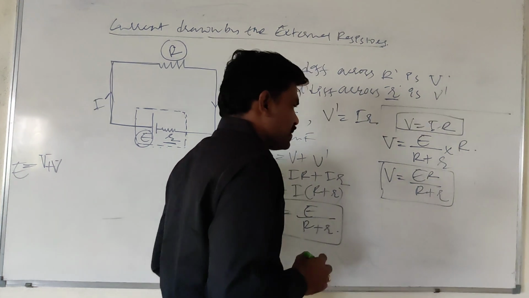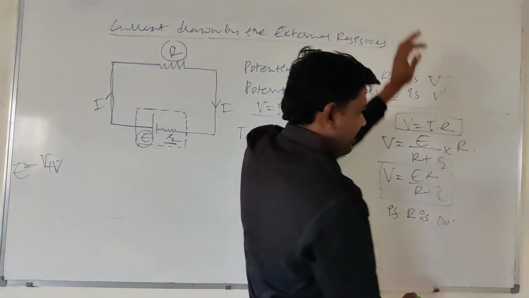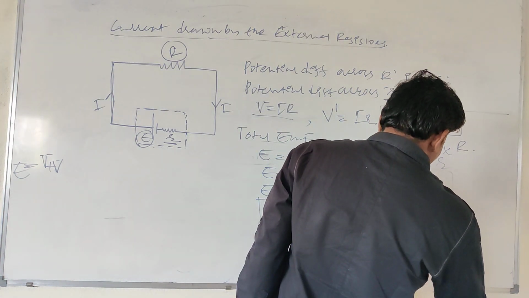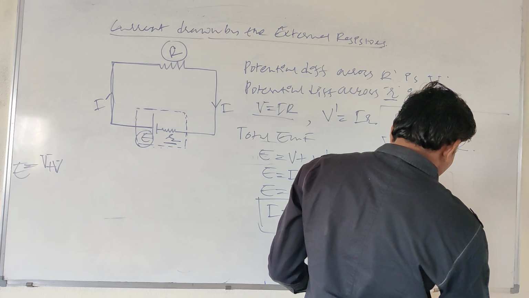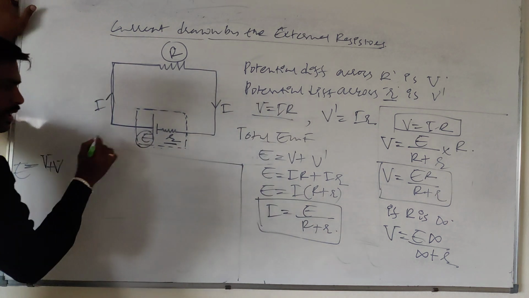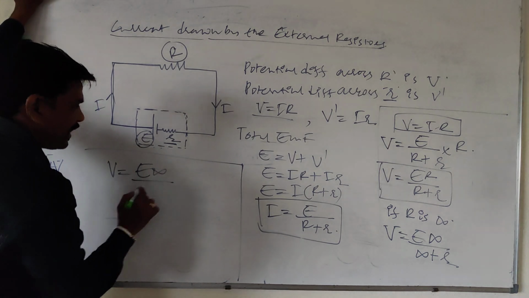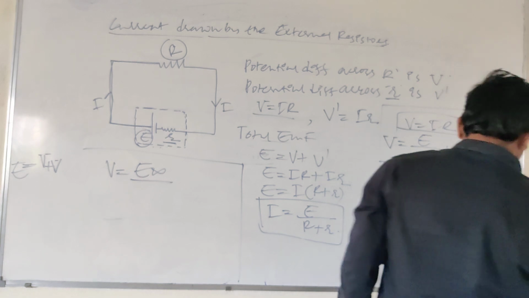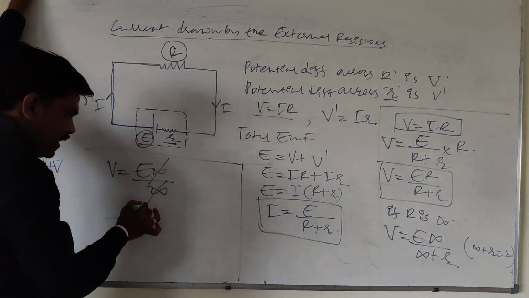See, suppose capital R is infinity. What happens? V is equal to E times infinity divided by infinity plus r. Infinity and infinity get cancelled.